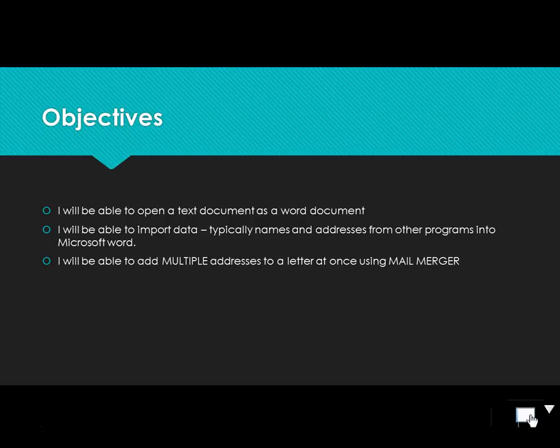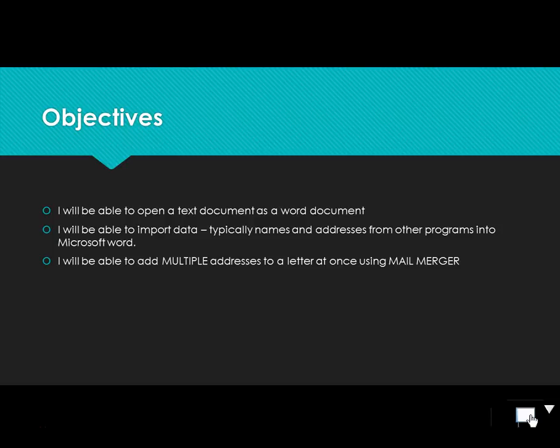Whether it's a receipt or a letter, your first job is to save that text document as a Word document. And then, of course, to fix it, add in a logo, create a section maybe, add a couple of boxes or whatever.